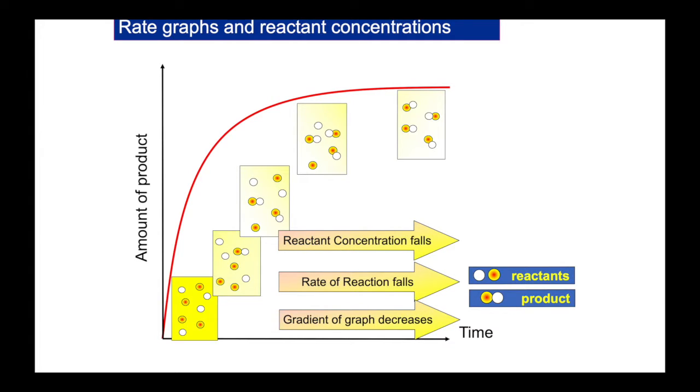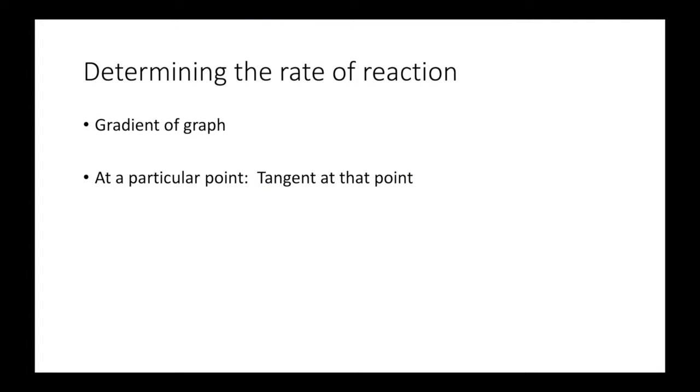And so the gradient of these graphs gives us an indication as to how the rate of reaction is progressing. At a particular point, we can calculate the rate of reaction at that point by drawing a tangent to that point, so a straight line that runs alongside the graph at the same steepness as the graph line is at that point.